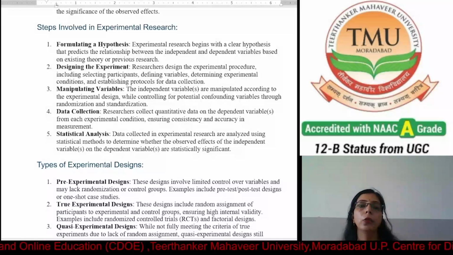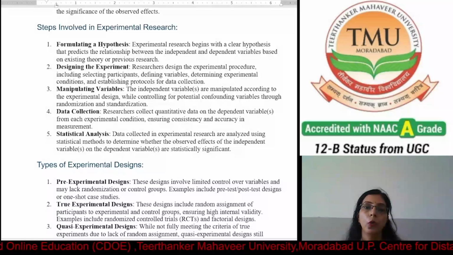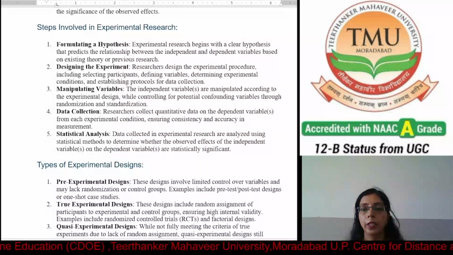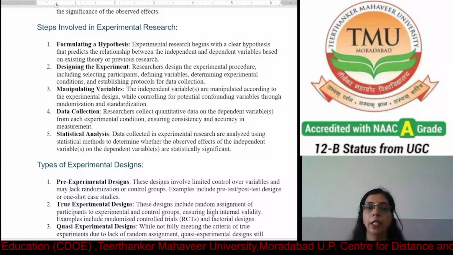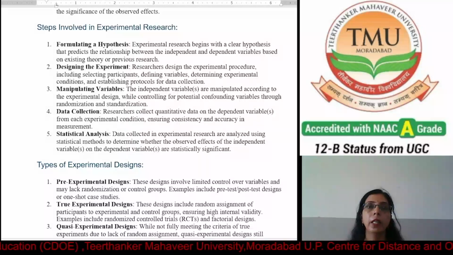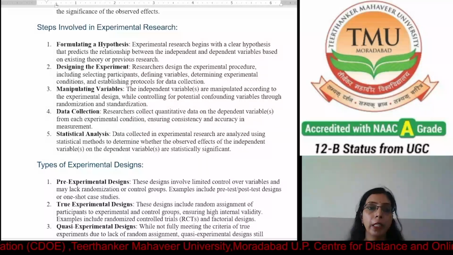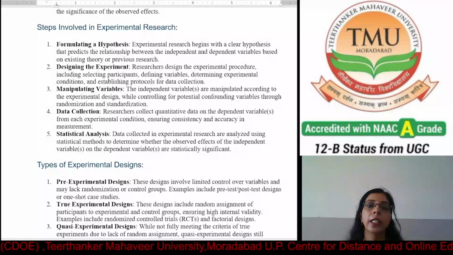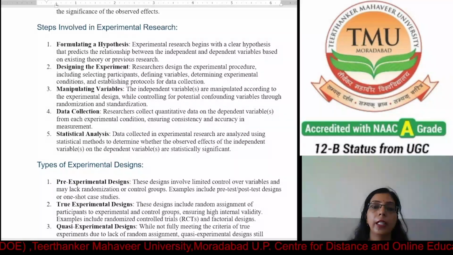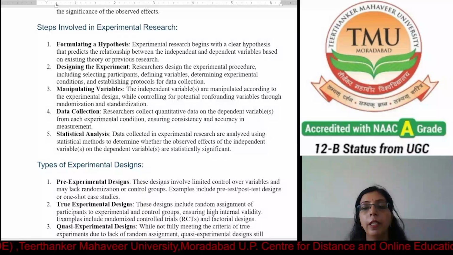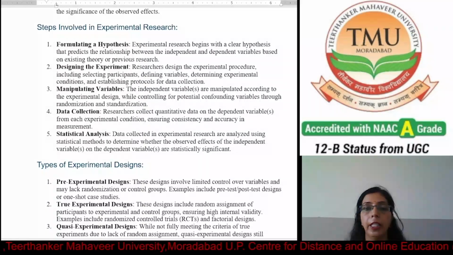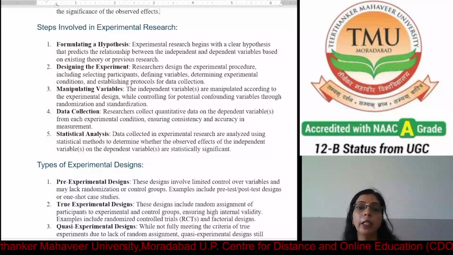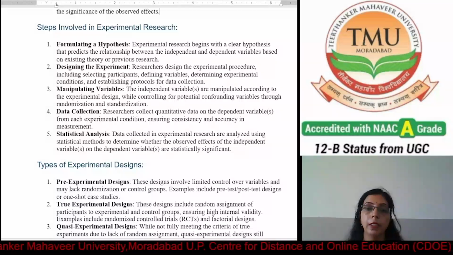So, according to the sophistication and rigor of control, there are three types of design which can be arranged as pre-experimental designs, true experimental designs and quasi-experimental designs, which we will discuss one by one in detail. Pre-experimental designs involve limited control over variables.